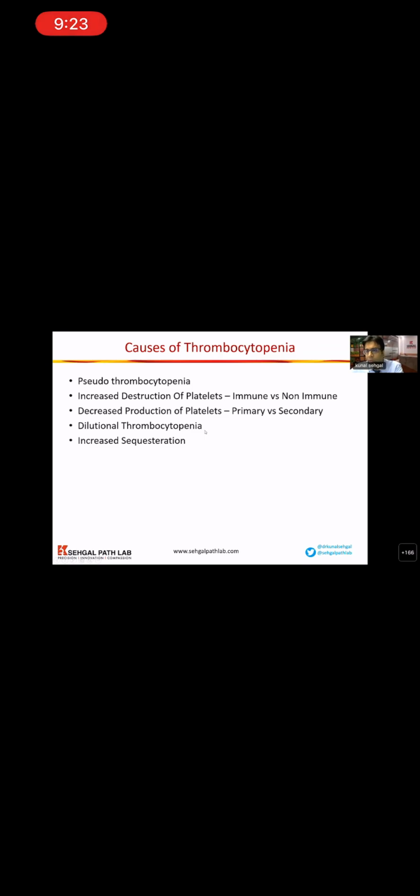Dilutional thrombocytopenia means, for example, in pregnancy, when you have a high volume, or for some other issues. And then increased sequestration, which is very close to peripheral destruction, or in a case of hypersplenism, you might see increased sequestration. So the causes of thrombocytopenia are different. Physiology and pathology is different.